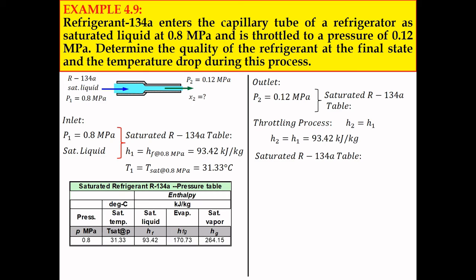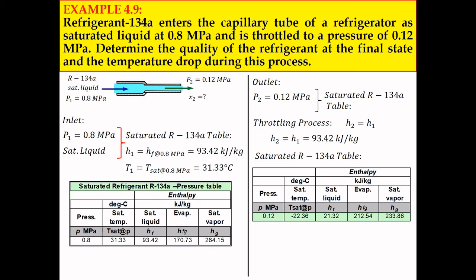Okay, so by using the saturated R134A table, we need to determine the values of Hf and Hg at 0.12 megapascal in order to compare the value of H2 with Hf and Hg. If the value of H2 is greater than Hg, the phase will be superheated.